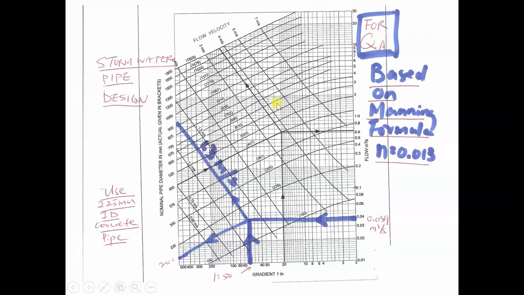When the water comes out, it can damage the ground and cause a lot of erosion. The water oozing out from the pipe is so strong, and it could actually damage the pipe as well. It's flowing too fast. So for QA, we get this 225 diameter concrete pipe.